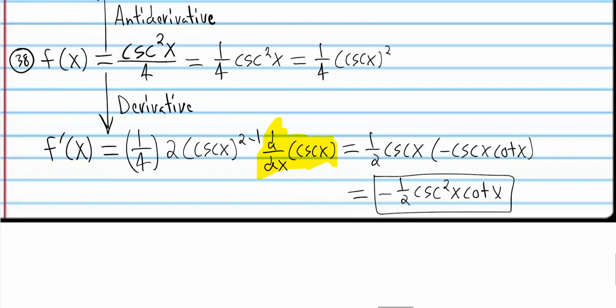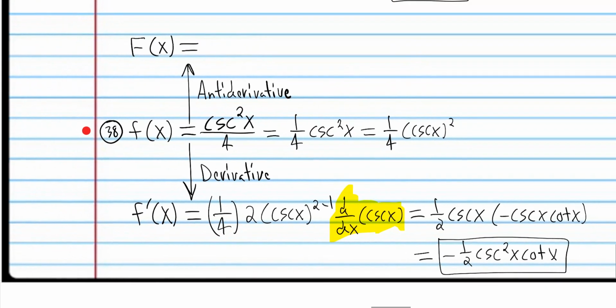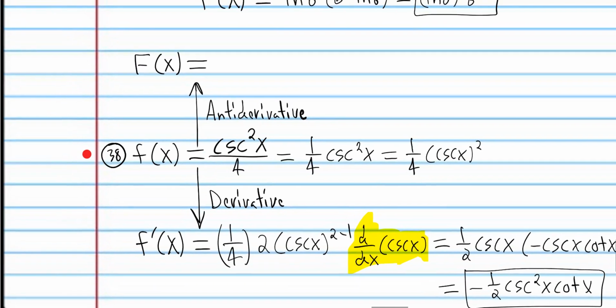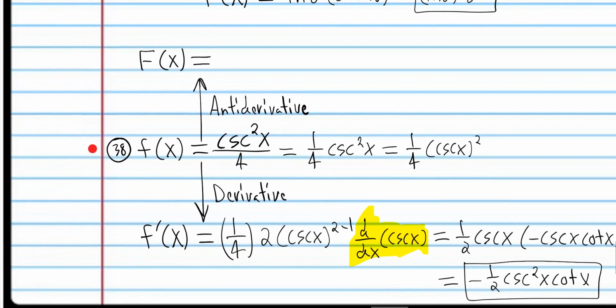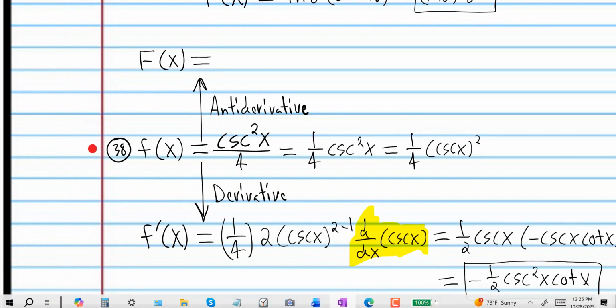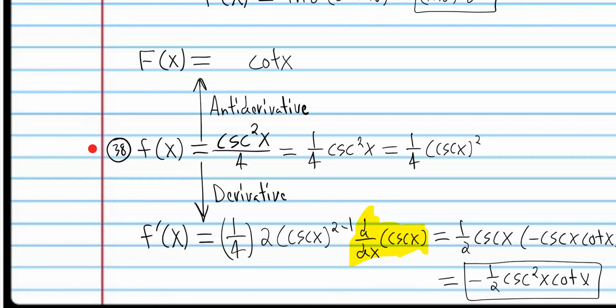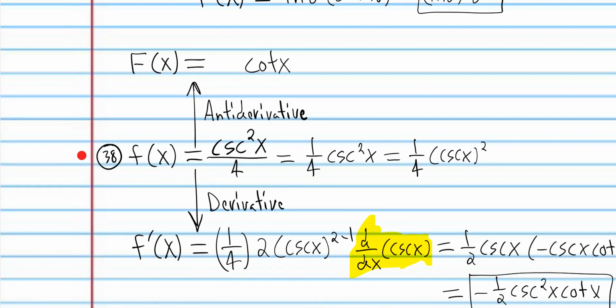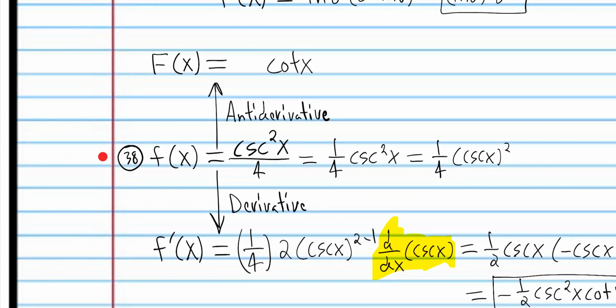The easy part is finding the antiderivative, because the derivative of cotangent x is negative cosecant squared x. So we know that we have to have a cotangent x up here somewhere. Again, look at your differentiation formulas for trigonometric functions. But when we find the derivative of this, we get negative cosecant squared x.